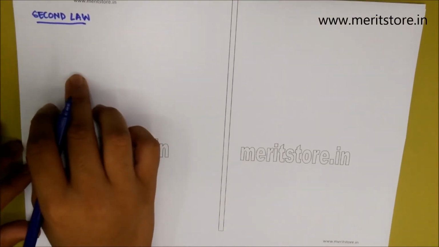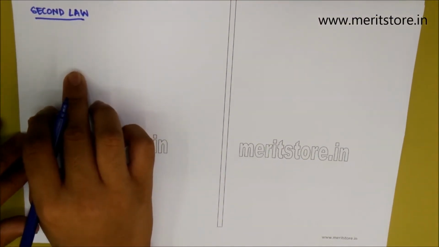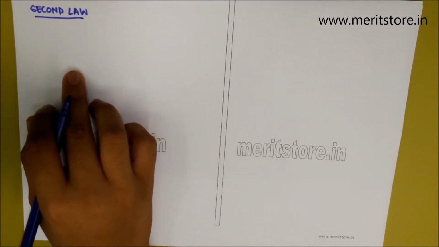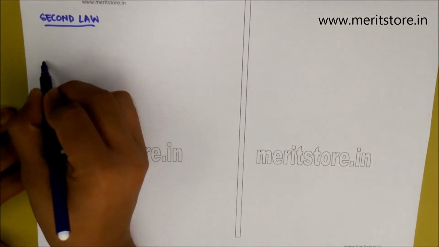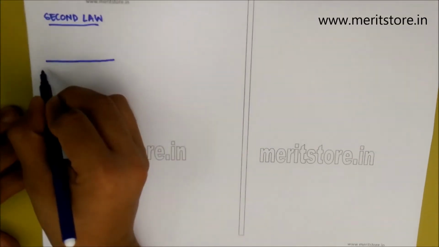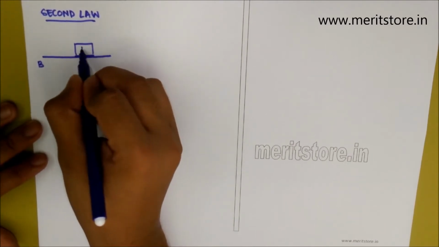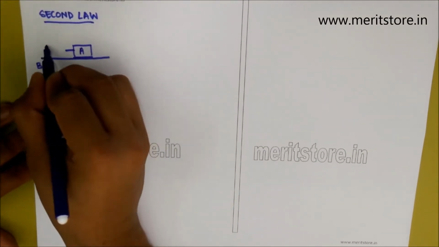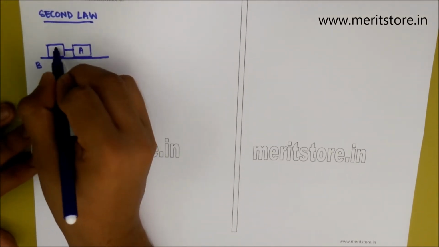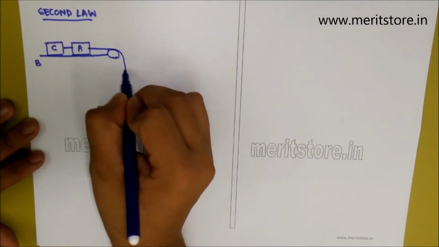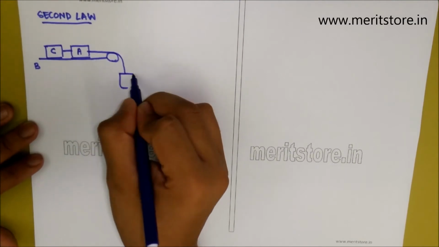The second law of static friction states that the limiting force of static friction is independent of the apparent area in contact. Now let's take for example, I have my surface B, I have a body A which is attached to a body C, and I have a pulley which is attached, to which I have weights.